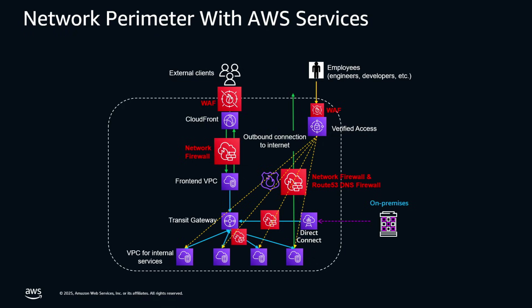And then lastly, we filter and inspect internet-bound, outbound traffic using AWS Network Firewall. And optionally, we can also enable Route 53 DNS Firewall for DNS protection for egress traffic as well. So all of this helps us create a secure network perimeter for the Secure Shop enterprise customer.